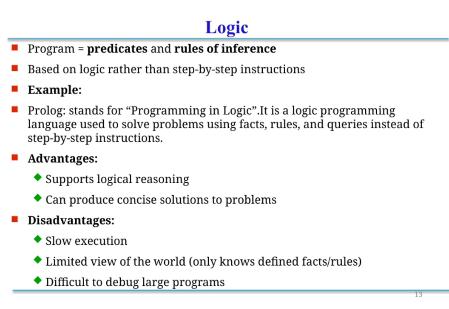For example, Prolog, which stands for Programming in Logic, is a popular language in this paradigm. It's used to solve problems by defining facts, rules, and queries, allowing the system to infer new information. The key advantage here is that it supports logical reasoning, making solutions more concise and often easier to understand.